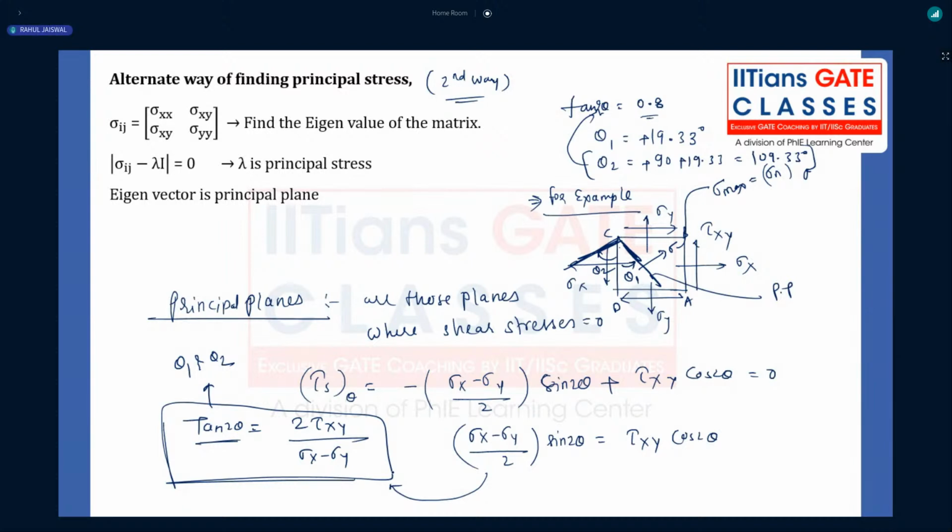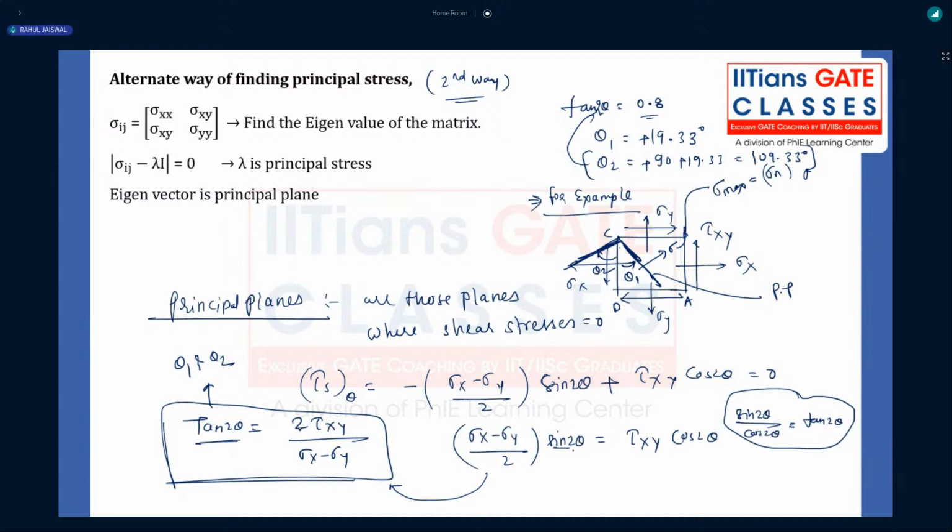Sin theta by cos theta will be tan theta, right? Tan 2 theta. Then sin 2 theta by cos 2 theta, that will be 2 tau xy divided by sigma x minus sigma y. That is what I have written.